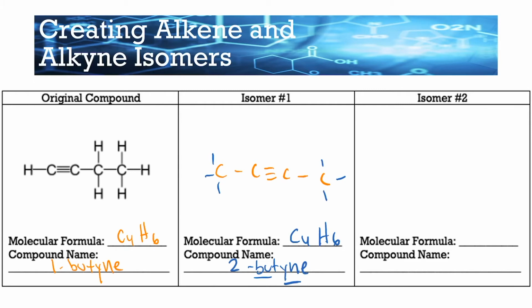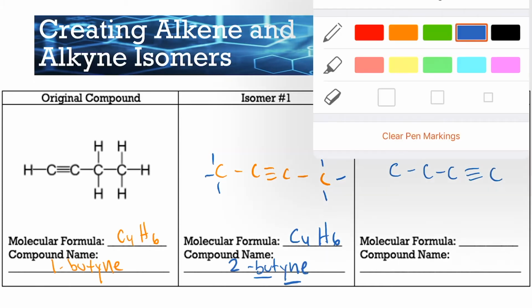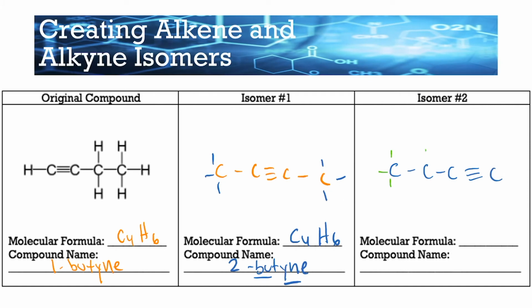Now just bear with me for a second. If I show you this compound, 1, 2, 3, 4, and now everything in green is an H, we have C4H6, but this is still 1-butyne, because all we did was take this and flip it and make it the mirror image.